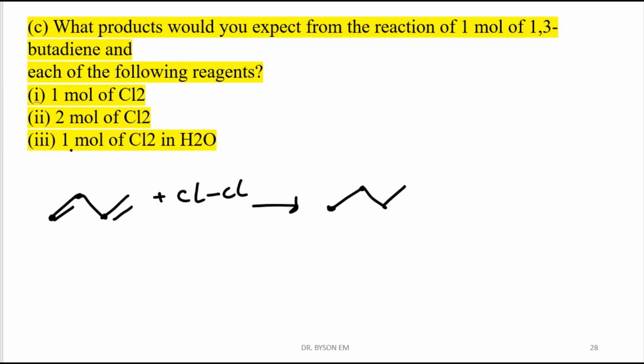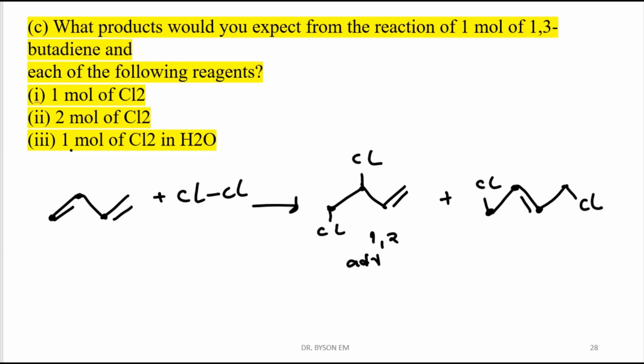So it will either be this chlorine here and there, or it will be a 1,4, chlorine here and chlorine there. So this is a 1,2 addition. This is a 1,4 addition.